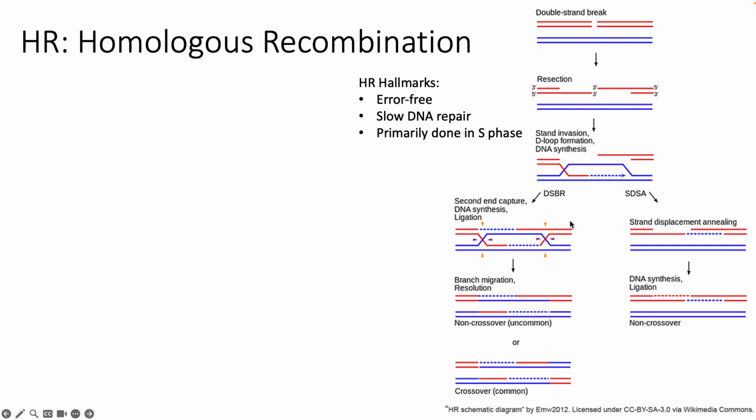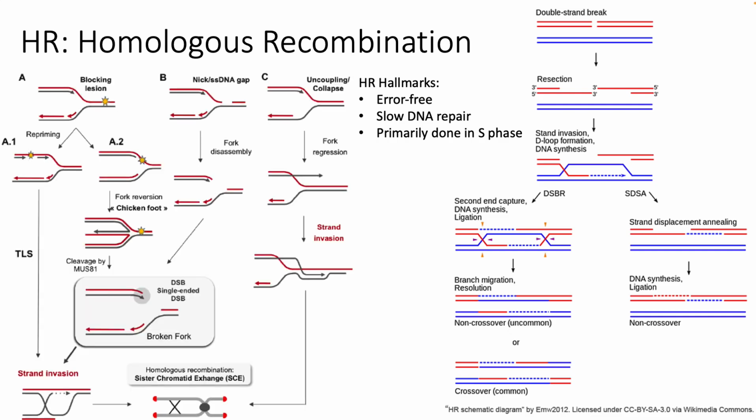This is something special called a Holliday junction. This process is the best in repairing the DNA efficiently and correctly, and the end result is a crossover.